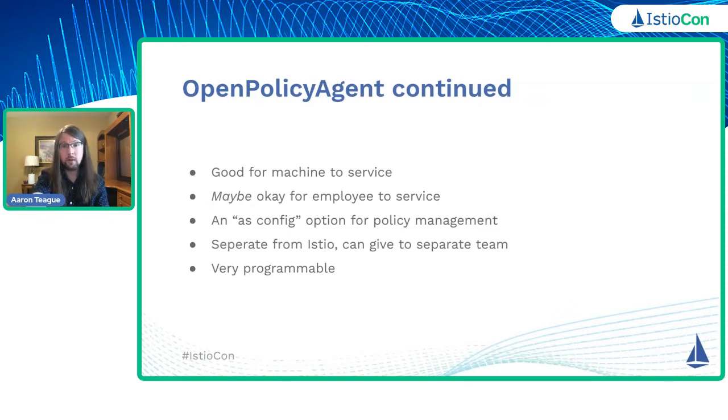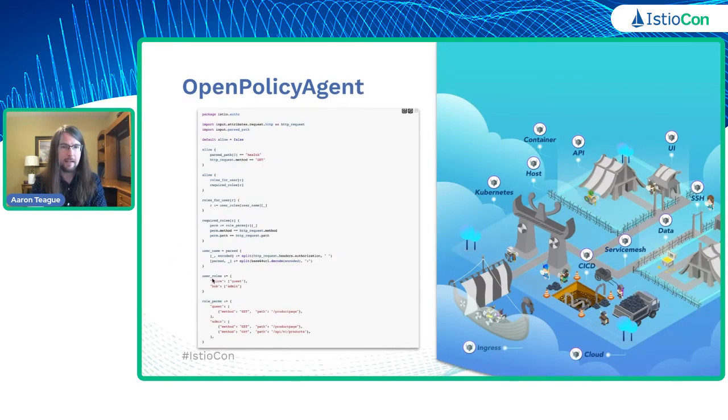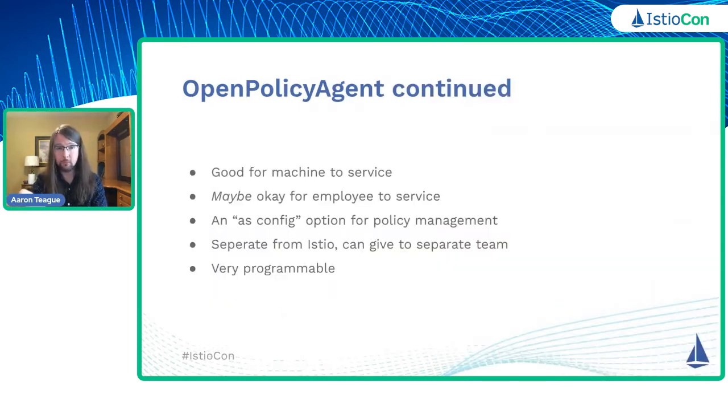Employees to your service, maybe also fine, because very often you go through a change management process for either machines or employees coming into your workplace to do various things in your network. So you could say, well, this process is allowed to do it because this process is part of this group. This group is able to access this thing. And same with people, you can do that as well.